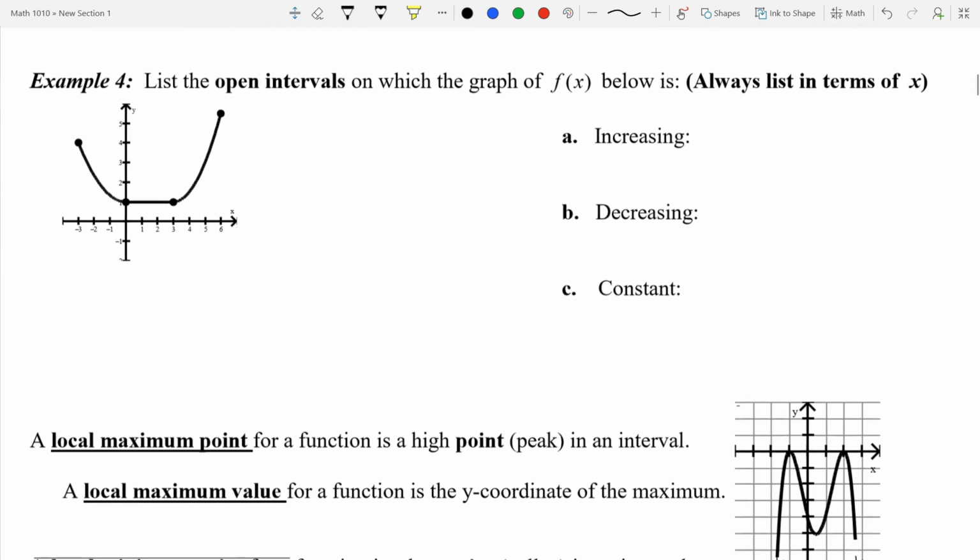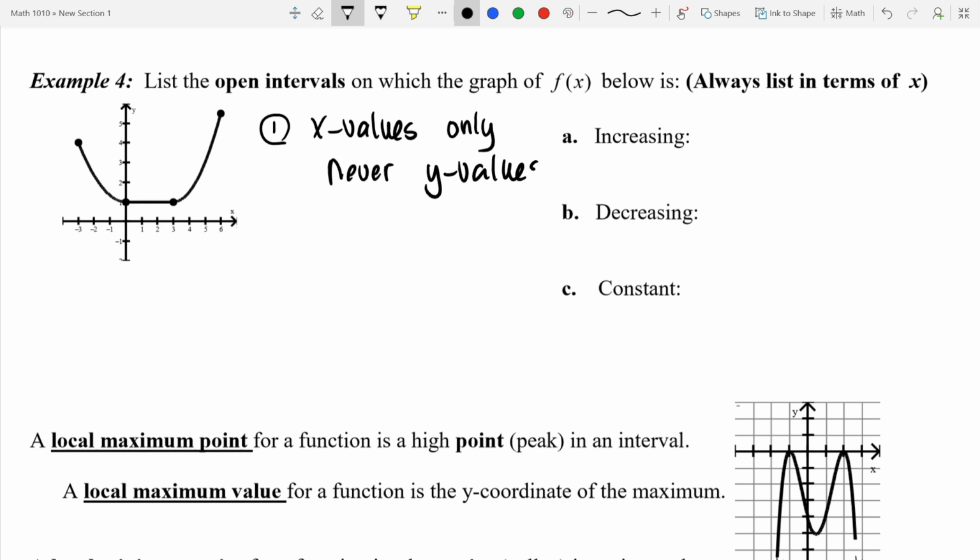This is important. Here are the 3 things that you need to remember about increasing, decreasing, constant. These are X values only. They are never Y values. The other thing you need to remember is that you go from left to right as you do this.